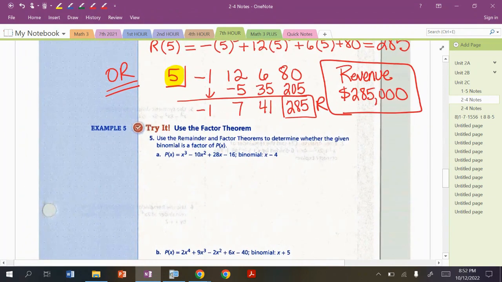All right, the other theorem is called the factor theorem.